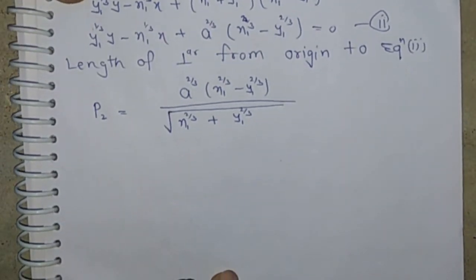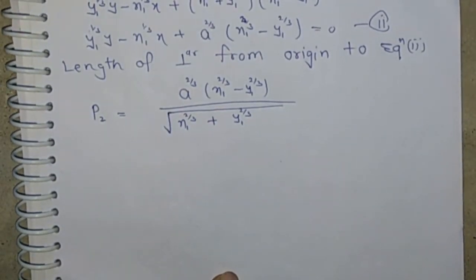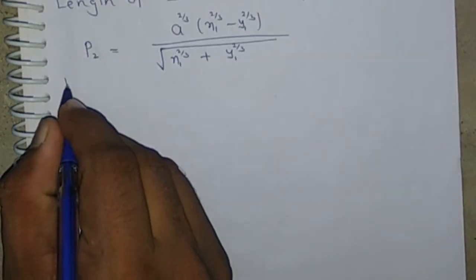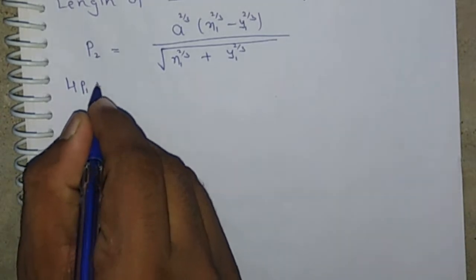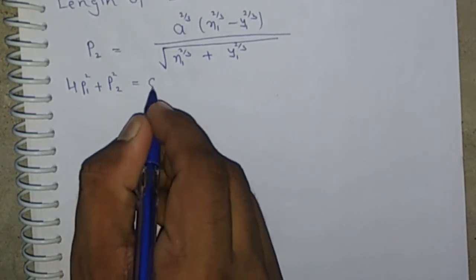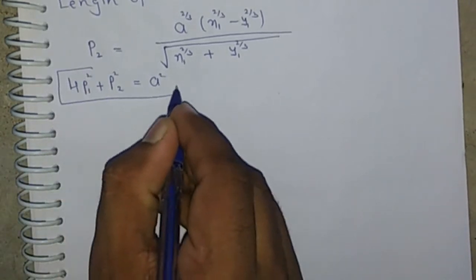Now we have to prove the relation 4P1 square plus P2 square equal a square. We have to establish this relation.